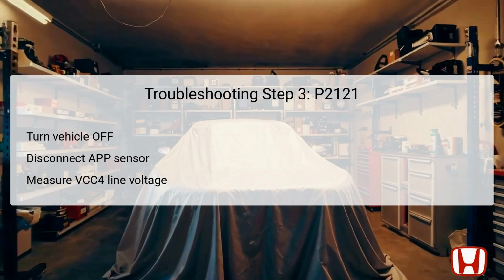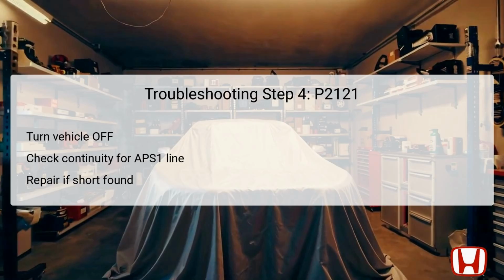In this step, start by turning the vehicle off and using the HDS to jump the SCS line, allowing it to sit for over a minute. Then, disconnect the PCM connector A and check for continuity between the test points involved, ensuring the APP sensor connector is also disconnected.